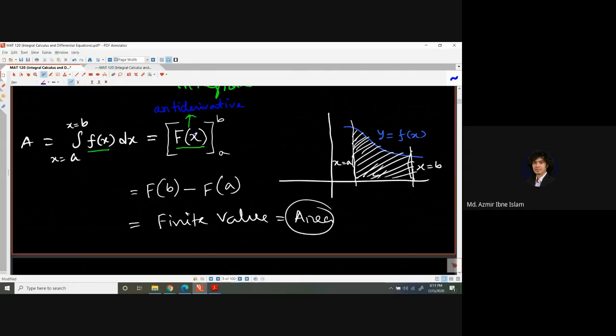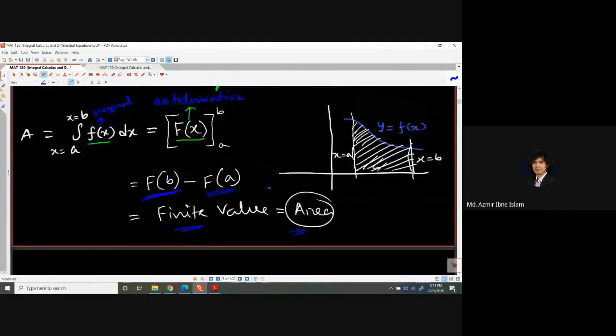So this is the antiderivative, and this is the original function. If we input b in the place of x, that means the antiderivative at upper limit b, minus the antiderivative at lower limit a, that will give us a finite value. That is known as the area under the curve from x equal to a to x equal to b.